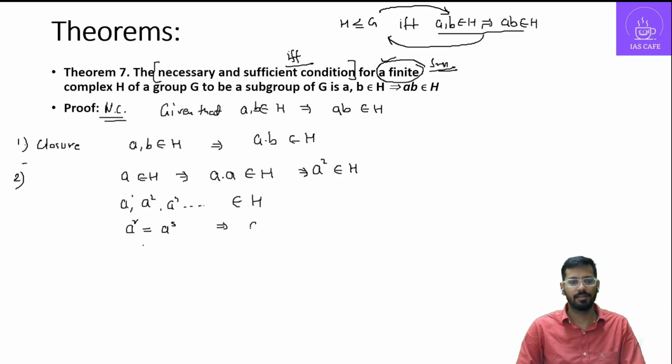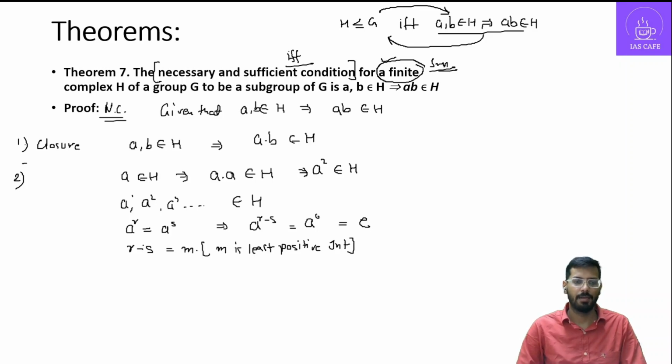From this we can write a raised to power r minus s is equal to a raised to power 0, that is equal to the identity element. Or we can take r minus s is equal to n, where n is the least positive integer.